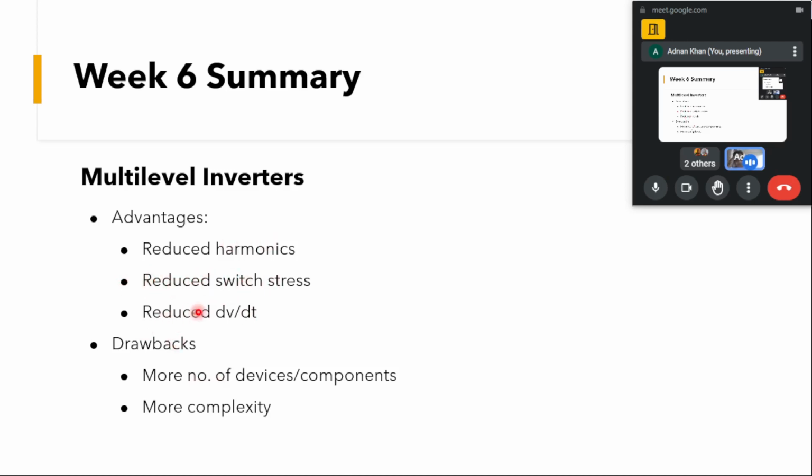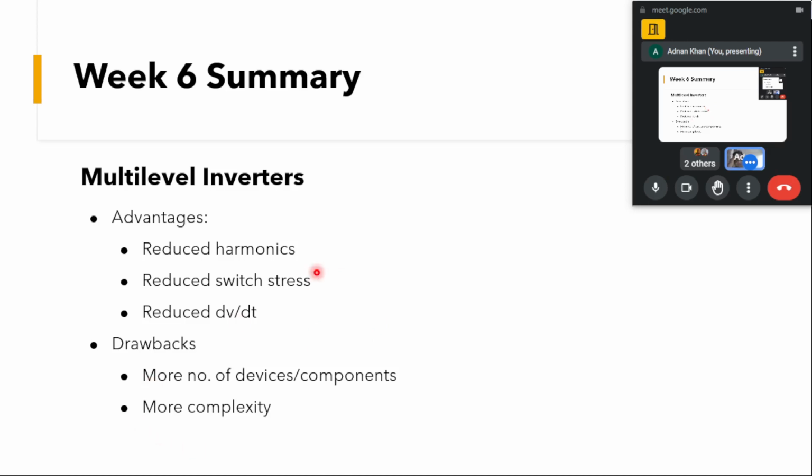Another thing is that when we have n levels, going from 0 to peak is divided between the levels, so the change at each level is now less. Instead of going from 0 to VDC, we go from 0 to VDC by 2. So we can say dV/dt is less between these levels, which is also beneficial for the devices.